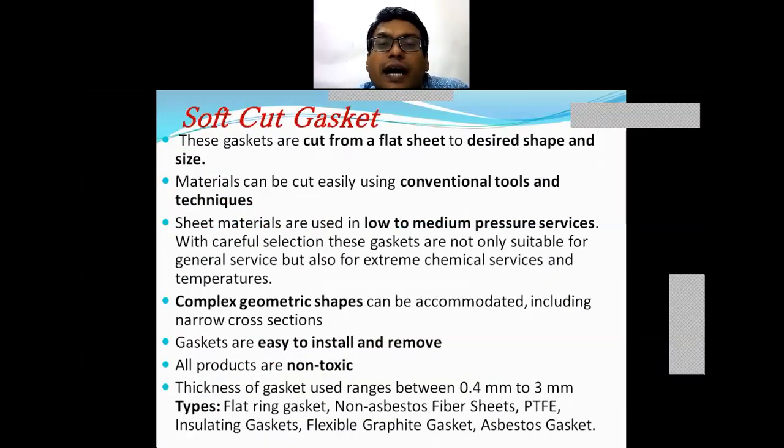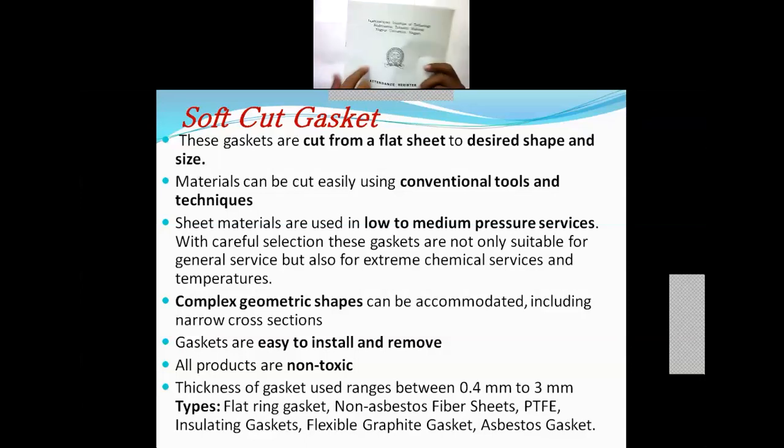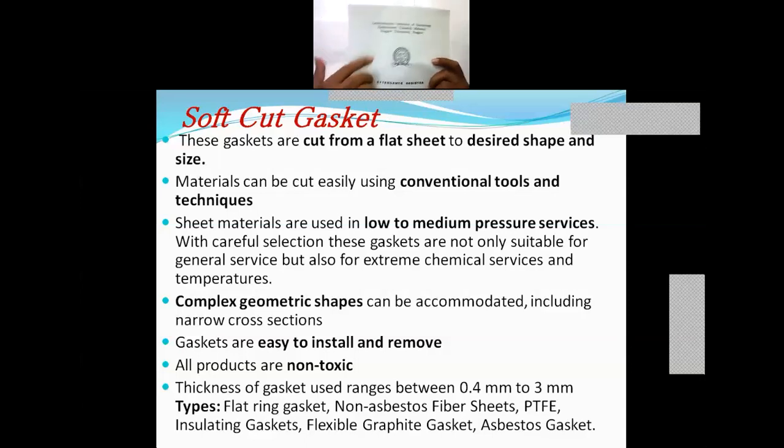So soft cut gaskets are cut from a flat sheet to a desired shape and size. So it's basically a sheet that will be used and cut into the desired shape. The materials can be cut easily using conventional tools and techniques. I can use scissors, I can use different cutting tools to give the desired shape.